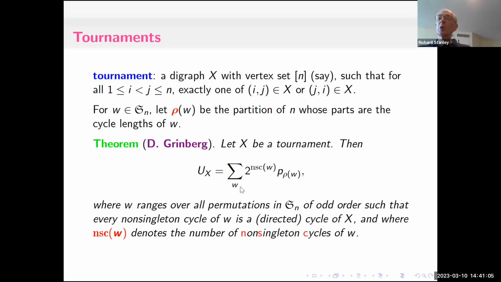We're going to sum over all permutations w of odd order, where every cycle length is odd, such that every non-singleton cycle of w is a directed cycle of X. NSC stands for non-singleton cycles, the number of non-singleton cycles in this permutation w, that is, the number of cycles of length greater than 1. And the power sum symmetric function is indexed by the lengths of the cycles of w.